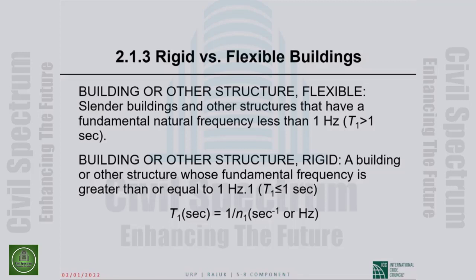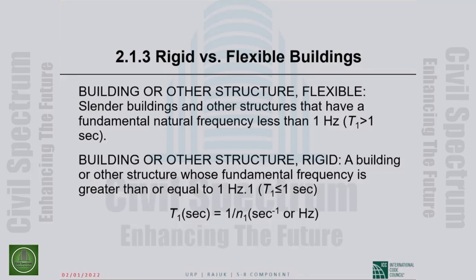Please remember the way I said it first. A structure with a fundamental period T sub 1 larger than or equal to 1 second is a flexible building. If it is smaller than 1 second, then it is a rigid building. Okay? I probably put the equal sign in the wrong place.